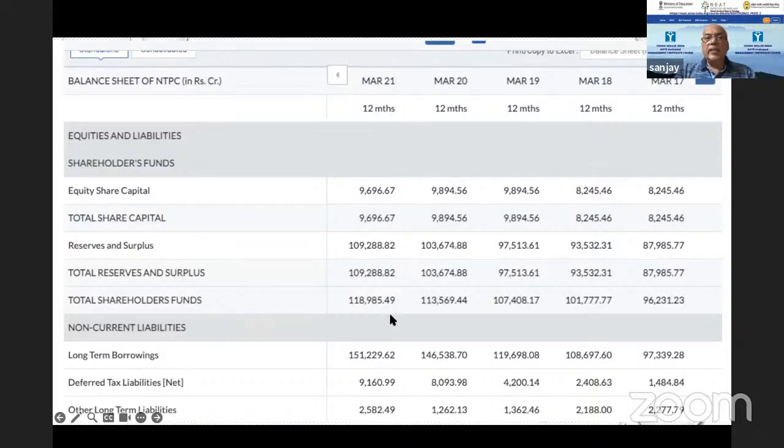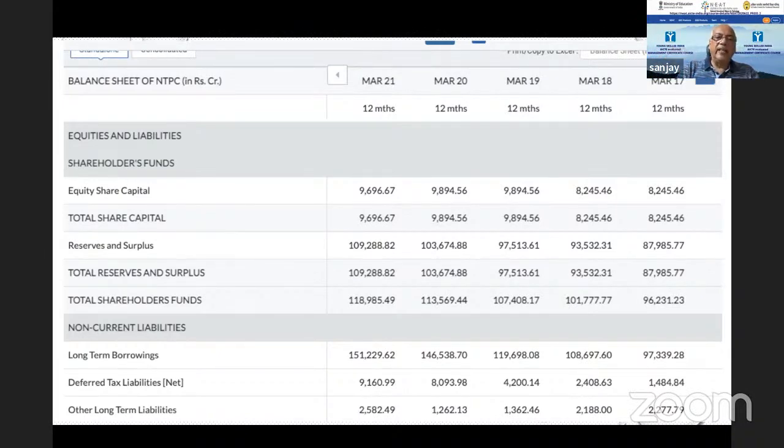So if we look at the capital structure of this company, and if we just do a simple calculation on a calculator, you can calculate the actual proportion. So what are the total long-term funds that this company has? It's this 1,51,229 plus 1,18,985. This gives you 270 thousand crores as the total capital that it has.